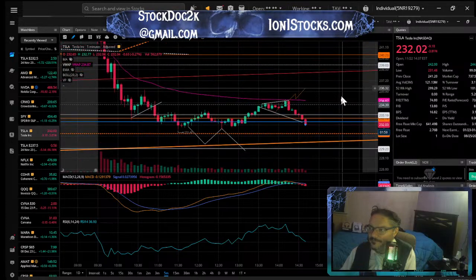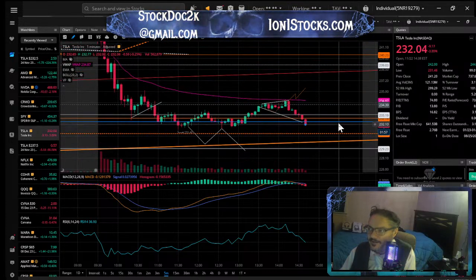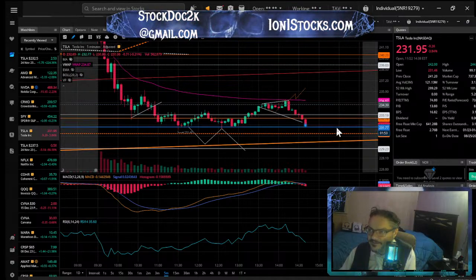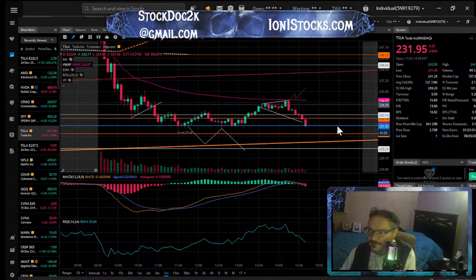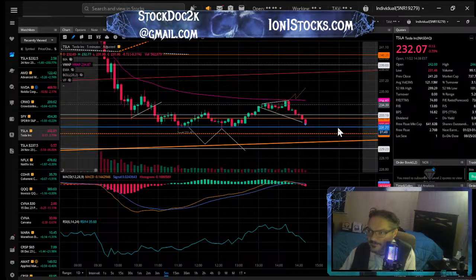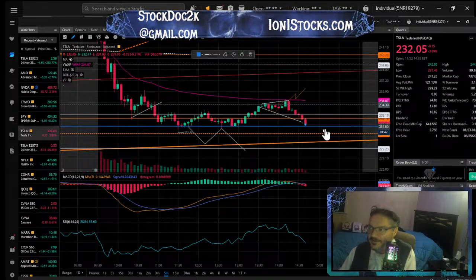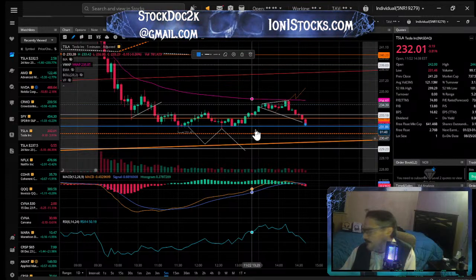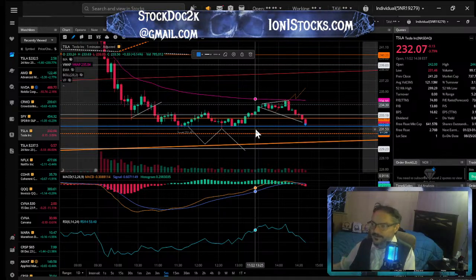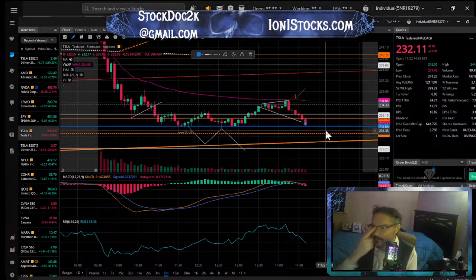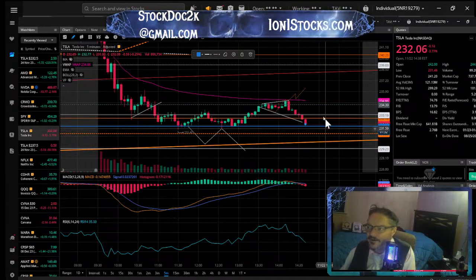So max pain is a level, but here we have Tesla telling us that this is really where the contention is. And we'll line it up, or we'll try. There. This is the max pain level, even though on the chart it's one exact precise number. It becomes a little bit of an area, just like the VWAP.